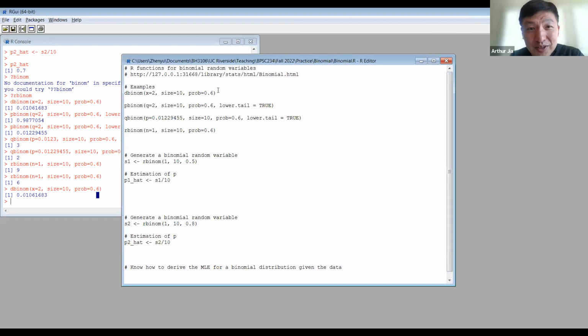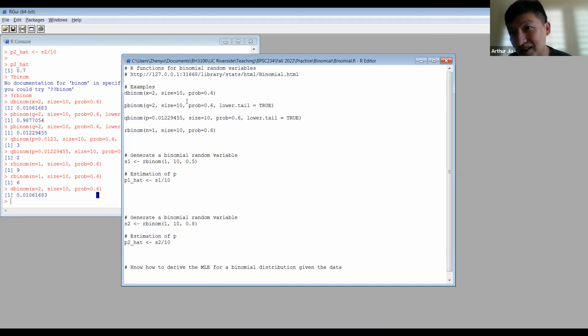So here p equals 0.6, right? Which means it's more likely to end up with a head. Now if you toss this coin with p equal to 0.6, 10 times, by expectation we expect to see more heads than tails.